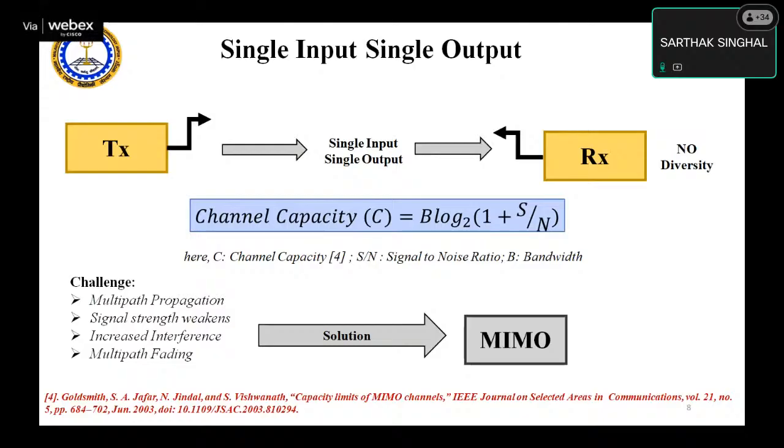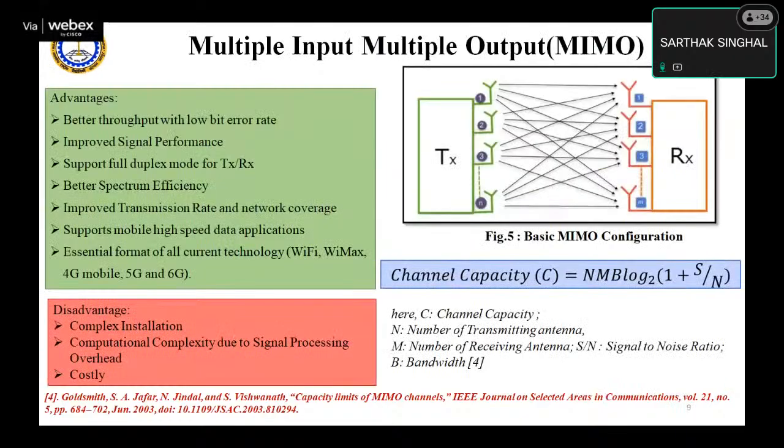So a solution for all of these challenges is MIMO, that is, multiple input and multiple output. The major advantages of MIMO are, as you can see in figure number 5, there are n number of transmitters and m number of receivers. Each transmitter is transmitting the signal to all the receivers, and each receiver is receiving the signal from all transmitters.